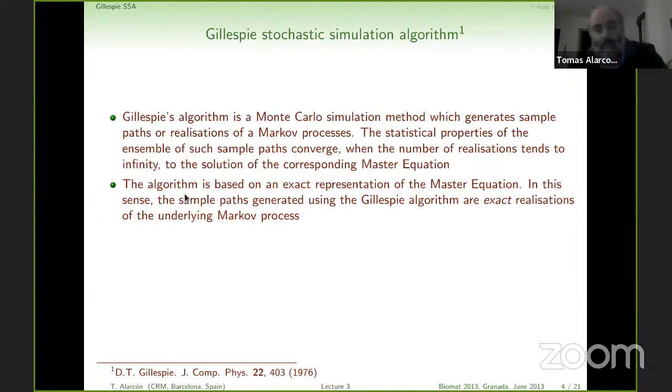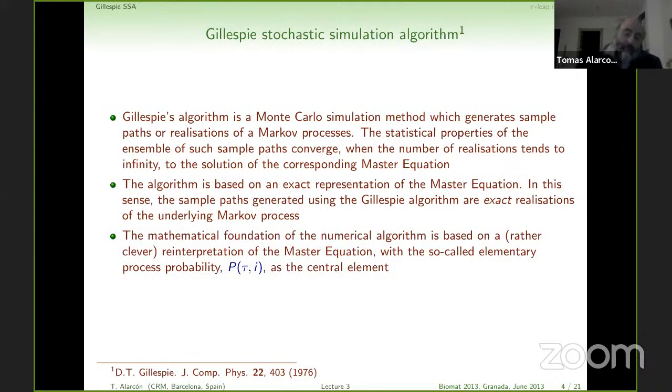The algorithm is based on an exact representation of the master equation, and the mathematical foundation for the algorithm is a reinterpretation of the master equation, where we try to find an expression for this quantity here, which we call the elementary process probability.